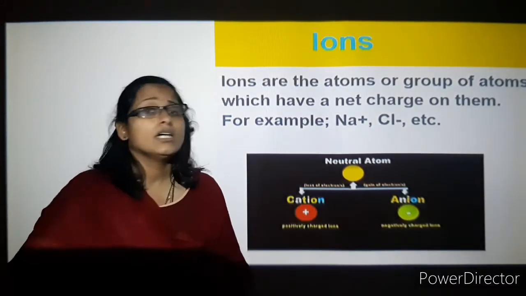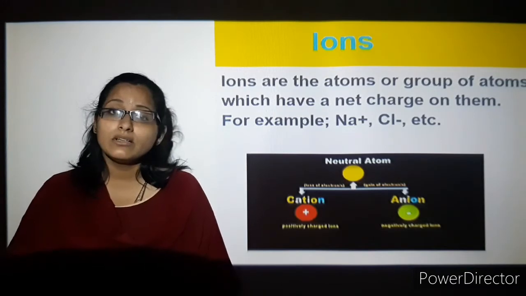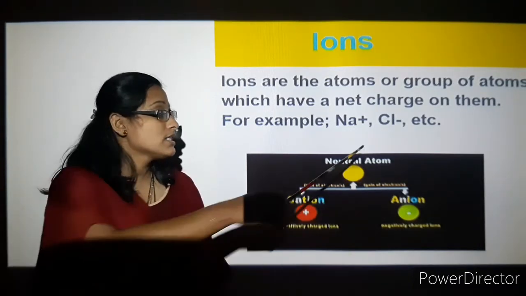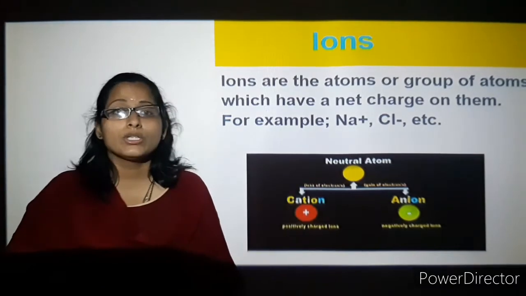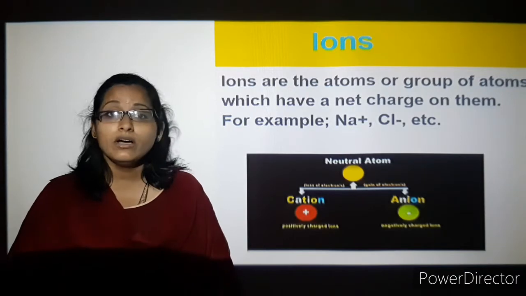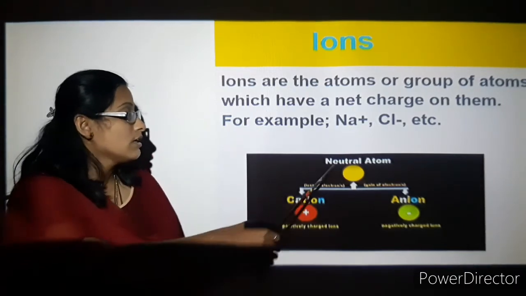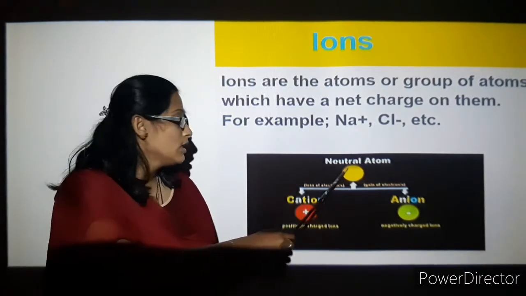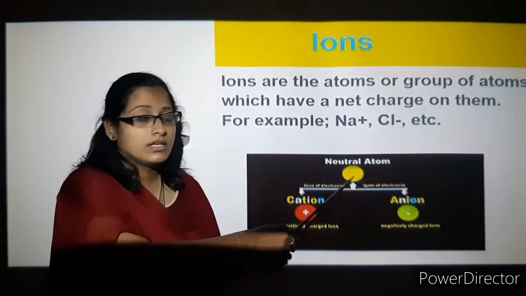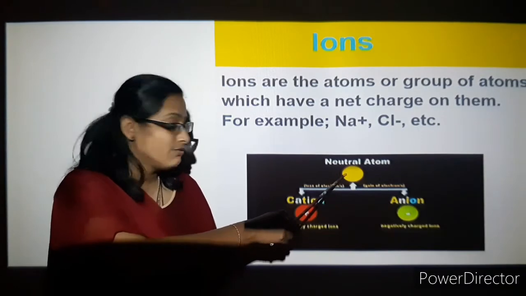Chlorine is a non-metal and comes under the halogens, which are involved in the preparation of salts. It is negative because it takes or grabs electrons from the metals. In this picture, this is a neutral atom, and when there is a net charge it can be either positive or negative.